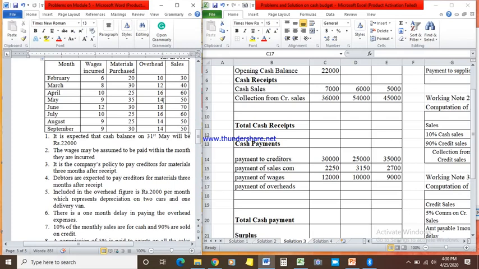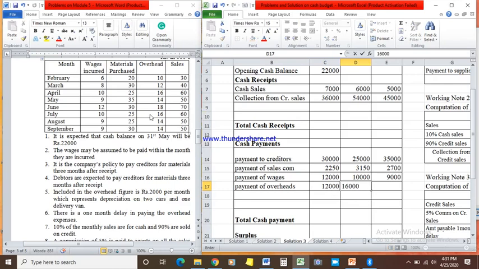But out of this 14,000, we need to deduct 2,000 because depreciation is included, so 12,000 is paid in June. Next, June overhead is paid in July, so from 18,000 we minus 2,000 to get 16,000. Then July overhead is paid in August, so 16,000 minus 2,000 gives 14,000. In this way the payment of overheads is taken care of.